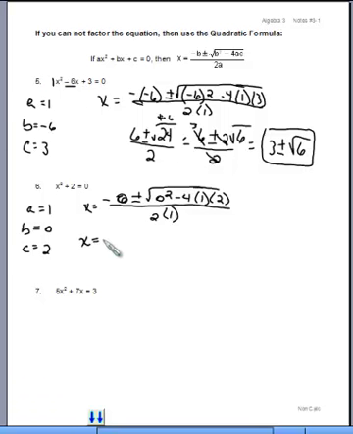So we end up then with 0 plus or minus, so you don't have to put the 0, it's just plus or minus, negative 8 over 2. Okay, we don't know yet how to take the square root with a negative. So we can't take the square root of a negative unless we use a complex number. So there is no real solution.